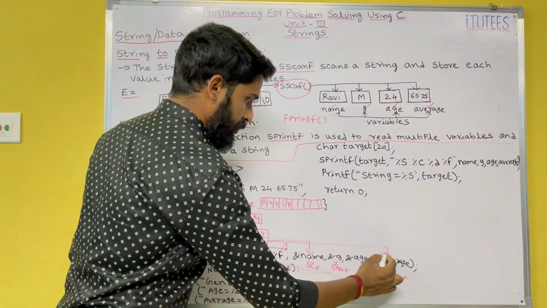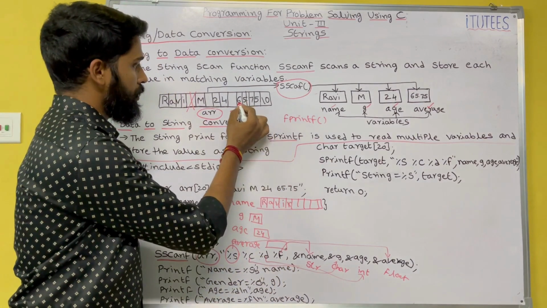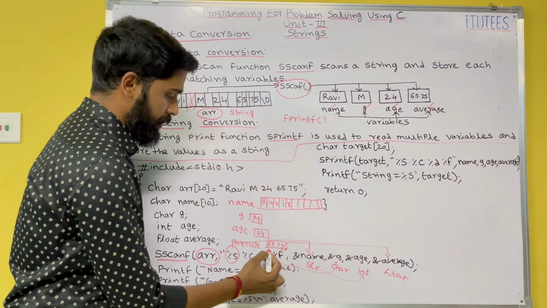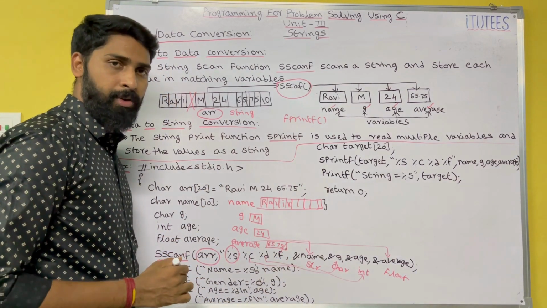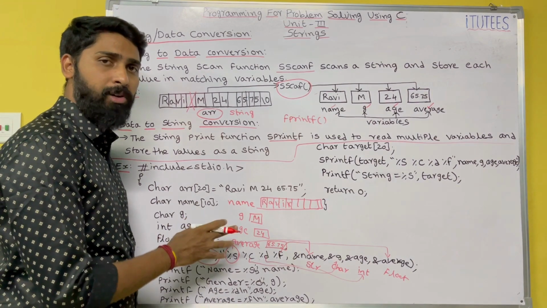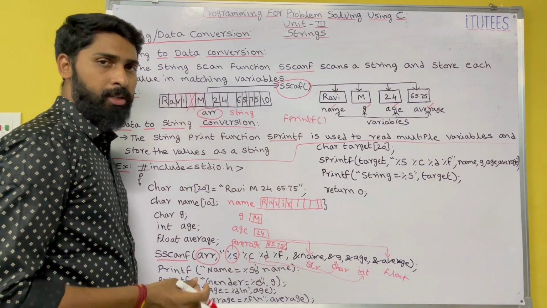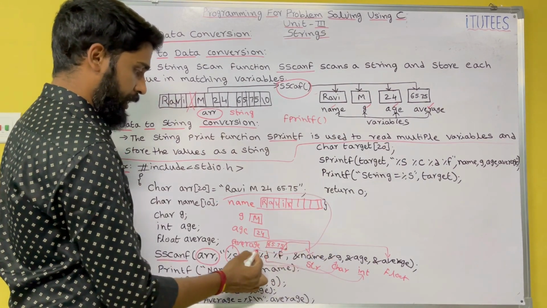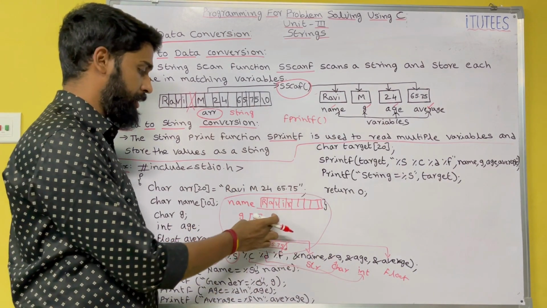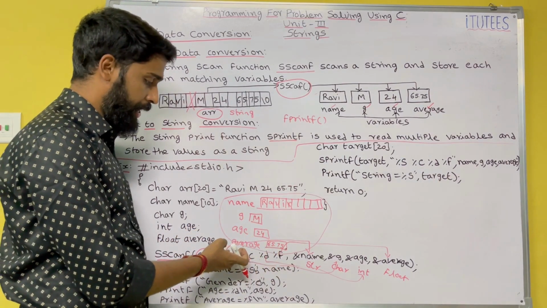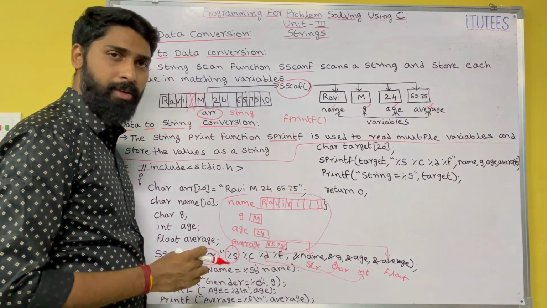Percentage f belongs to average, so 65.75 is stored in average. In this way, by using the scanf function, you convert the string into data. So now these are the variables: name contains Ravi, g contains m, s contains 24, and average contains 65.75.